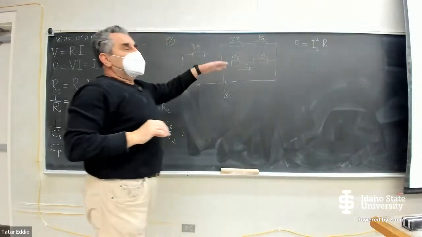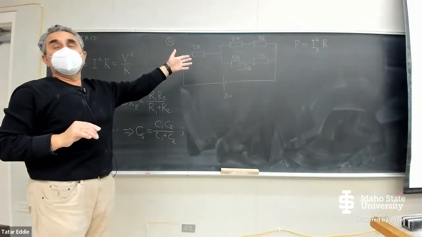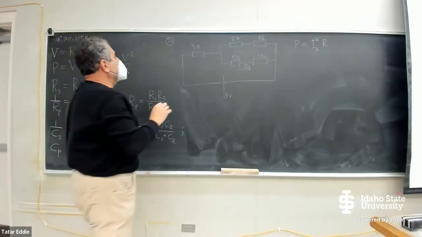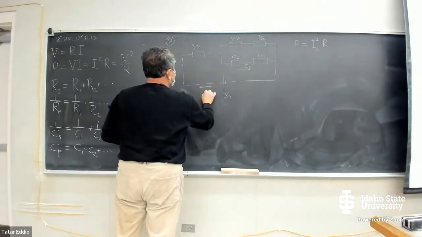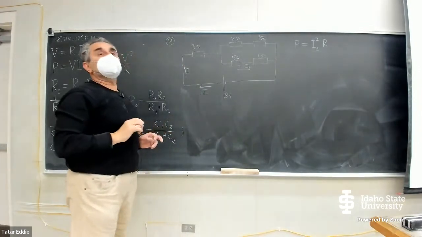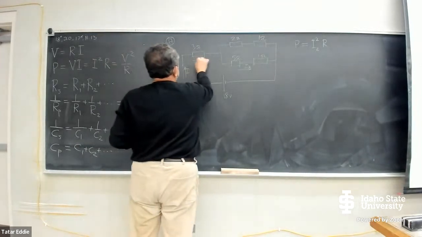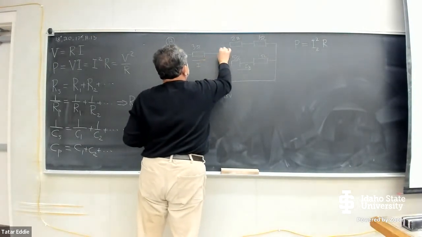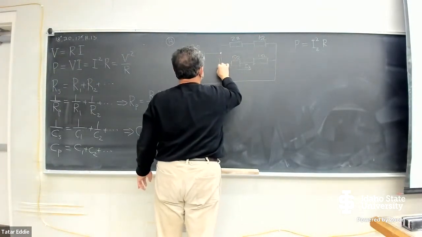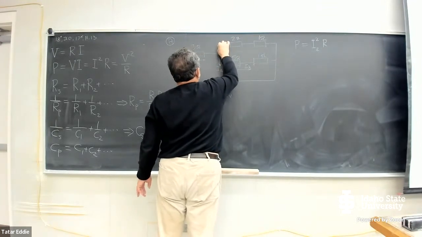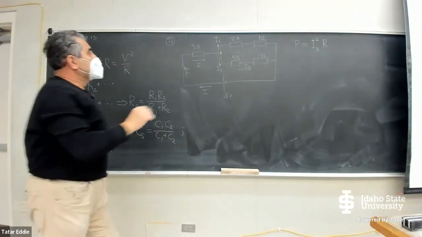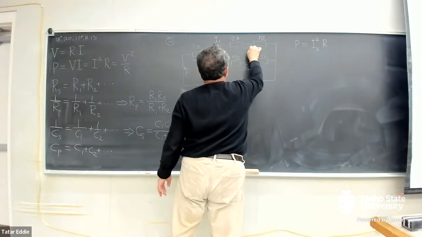And let's start applying Kirchhoff rules according to the checklist that we had last time. So let's say that the current that is coming from the battery is current I, and I assign an arbitrary direction to it. That current I is flowing until it reaches the junction point. At the junction point, it splits into a current I2 and a current I1. Again, I put arbitrary directions to those currents. So in this branch, I have current I1.